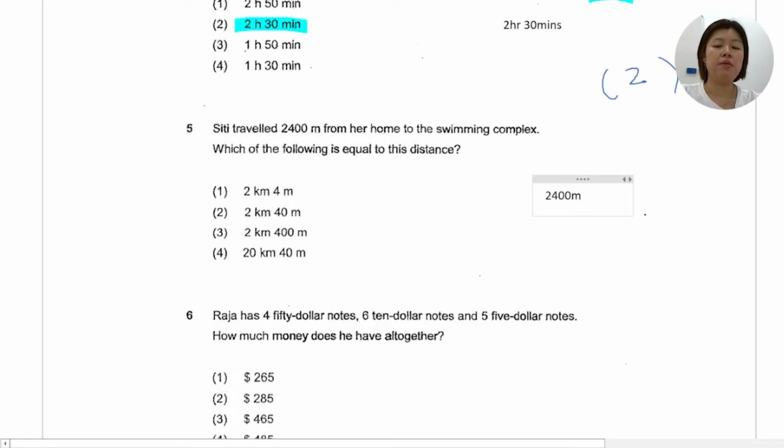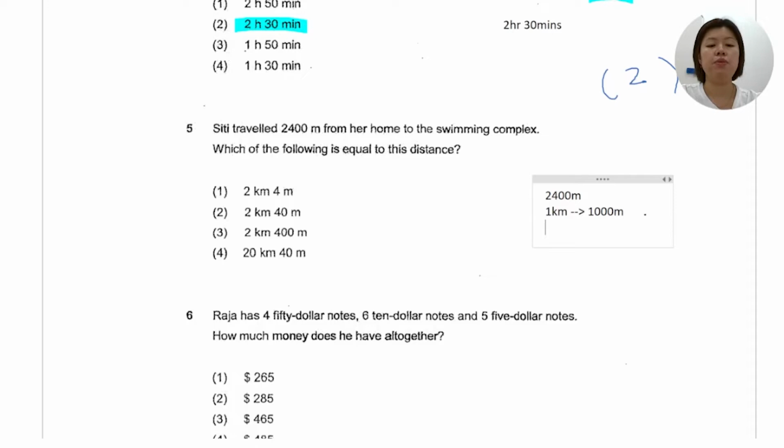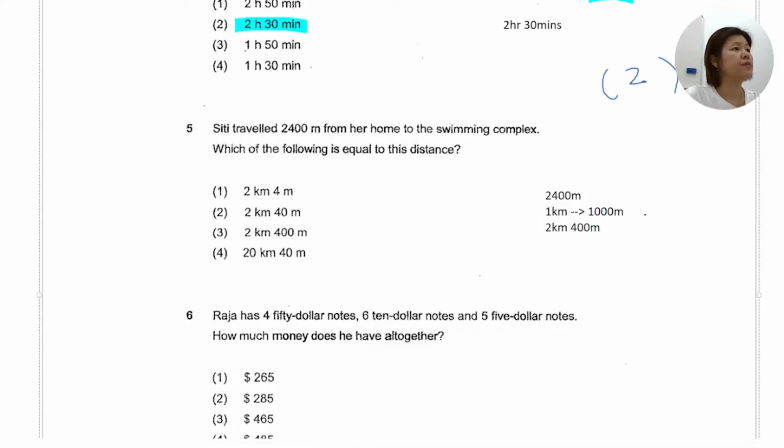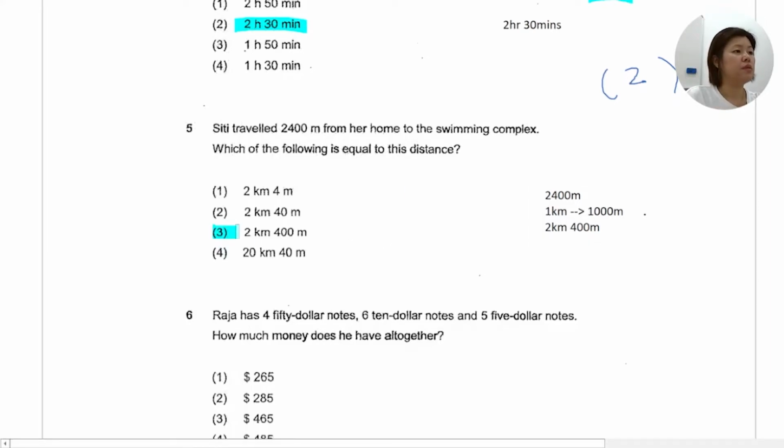So we ask ourselves, 1 kilometer is actually 1,000 meters. So I have 2,400, it means 2 kilometers, and then I'm left with 400 meters, which is number 3.